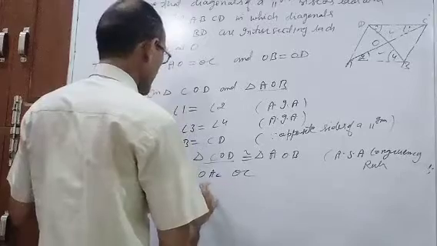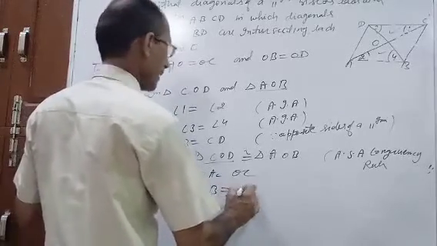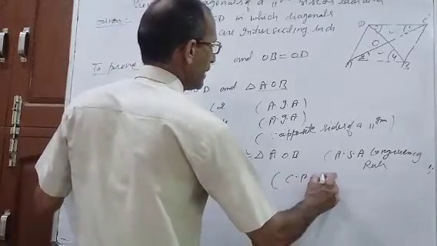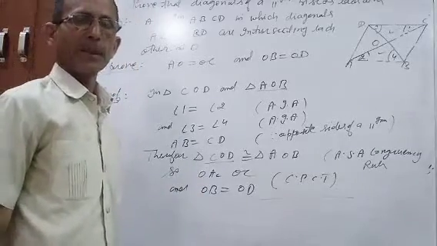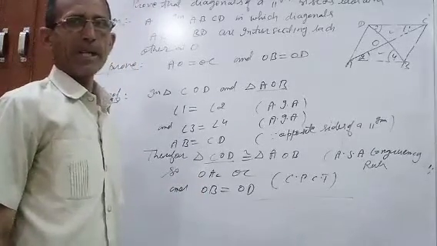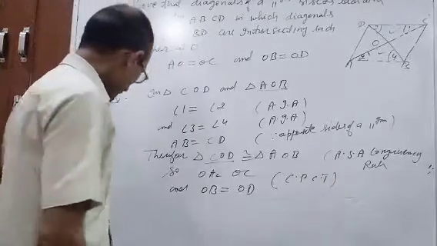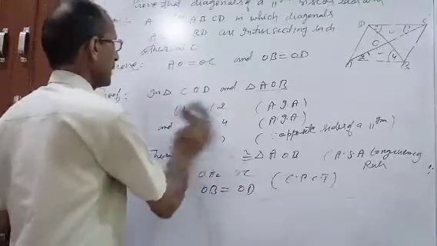OA is equal to OC and OB is equal to OD, by CPCT: corresponding parts of congruent triangles. Hence proved. Have you understood? Okay. So this was the second theorem. One more theorem is left. I will prove that one.